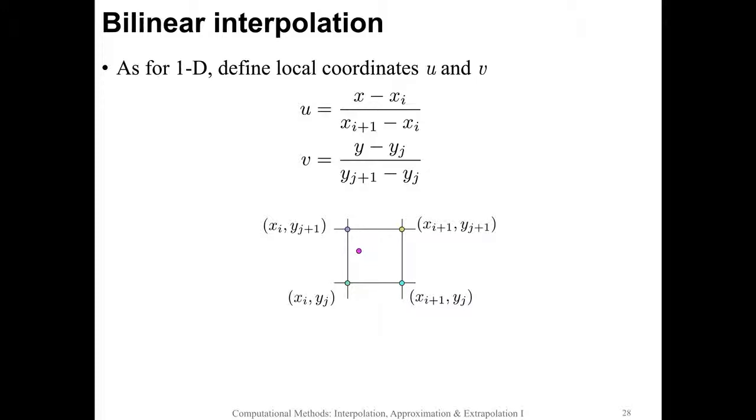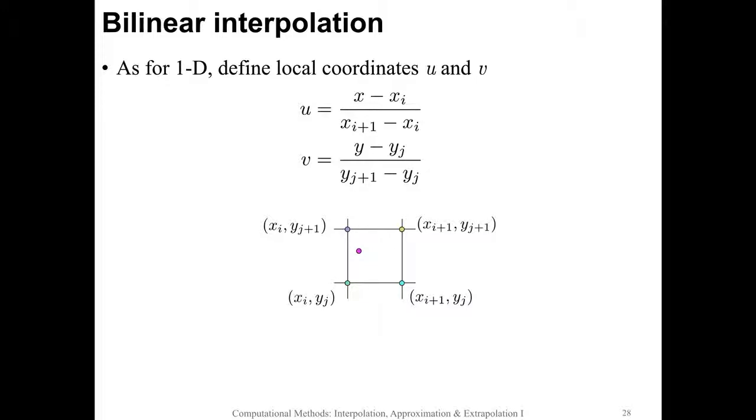But if you look at the form for u, then that is basically exactly the same as the local coordinate that we defined when we did one-dimensional piecewise interpolation. It's exactly the same, but now we have to append with it a second local coordinate v, which is very similarly defined, but defined this time based on the y coordinates.